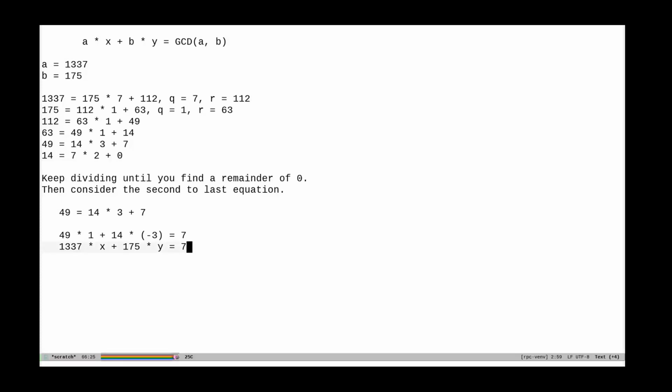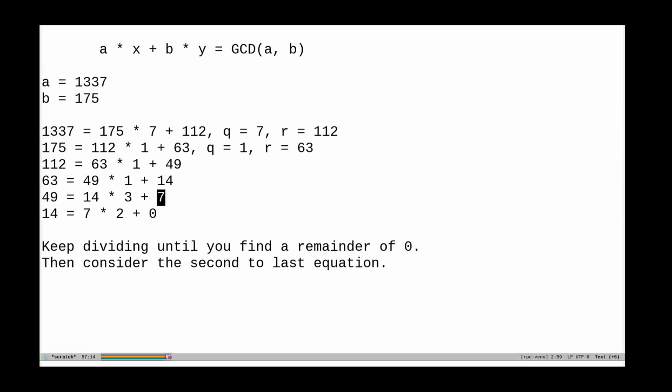To get those x and y, we have to express each equation in terms of the remainder. So 7 is equal to 14 times 1 plus 49 times 1 plus 14 times minus 3.